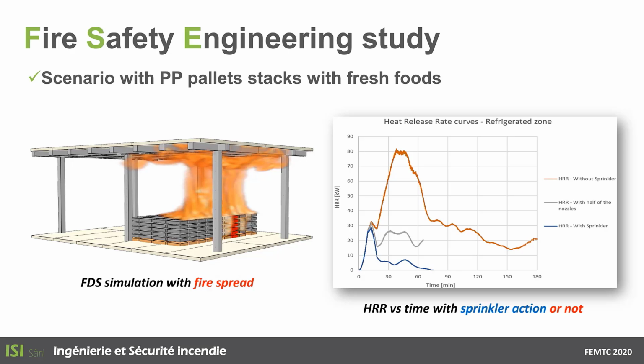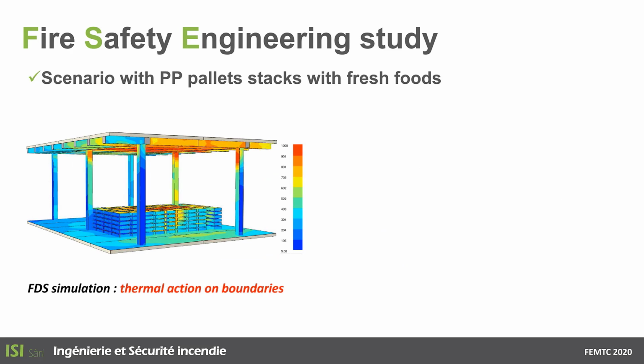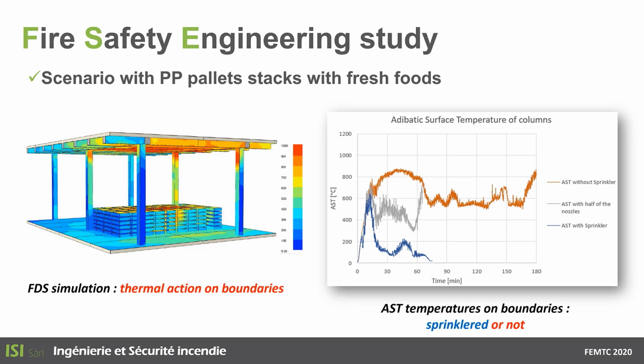And when you add the sprinkler, this power drops to 30 megawatts, and the fire duration is about 3 times shorter. This had influence on the thermal action and boundary that you can see on the figure, and we can find this result in the temperature itself. So you can see that without sprinkler we reach 800 degrees on the ceiling, and with sprinkler we only reach 600 degrees, but only for a short time.